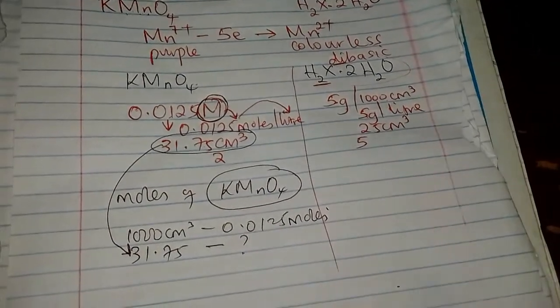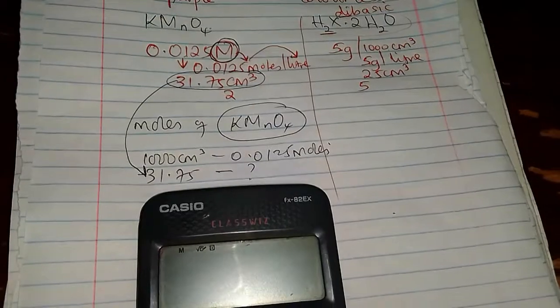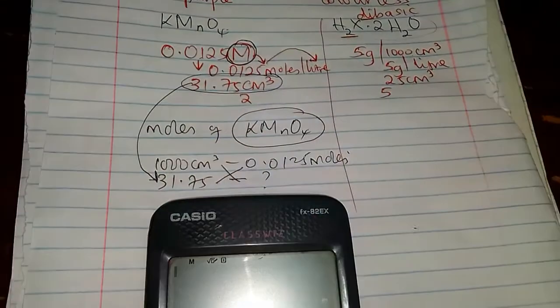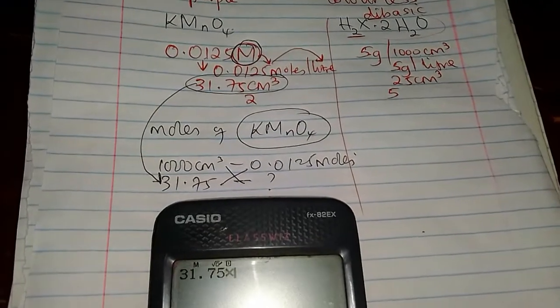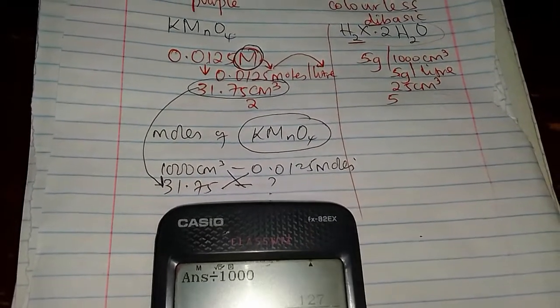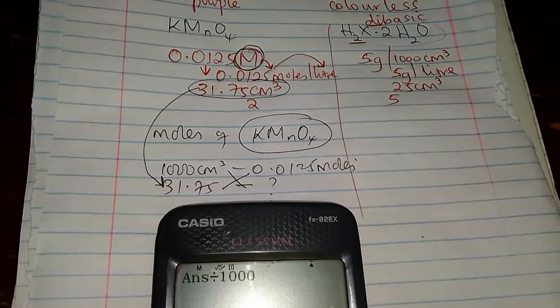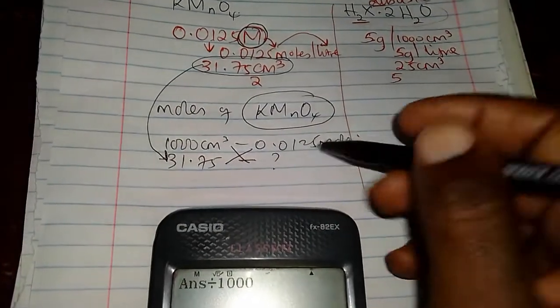Good. So we are going to have cross multiplication: 31.75 multiplied by 0.0125 divided by 1000. So you have 0.000397.